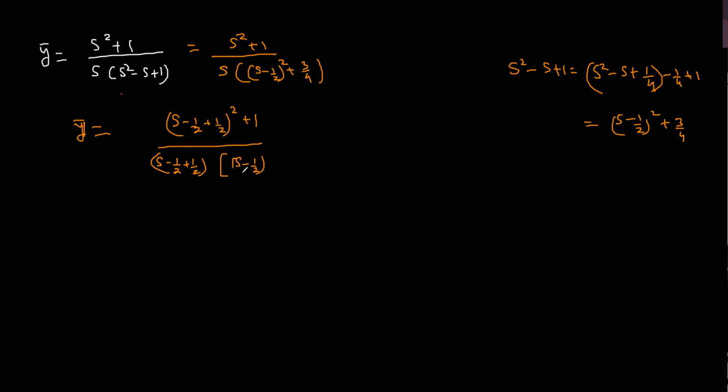Everywhere you can see there is s minus half, right? So when you take Laplace inverse, s minus half becomes s with e raised to t by 2. Use second shifting rule. After this, s minus half is s only.